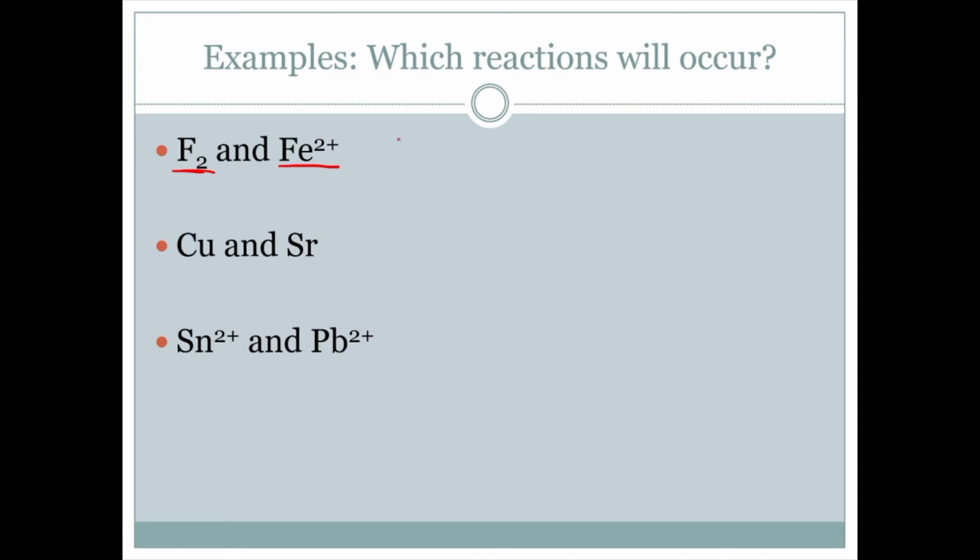Regardless, it shows up as a reducing agent, so this will occur. Okay, F2 is higher than Fe2 plus, and they are on opposite sides.